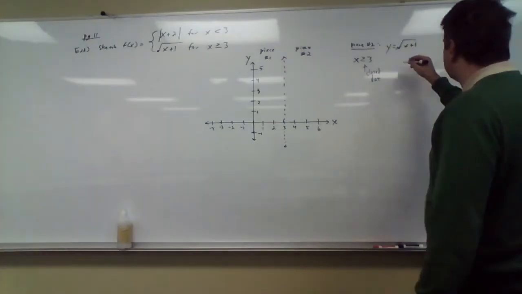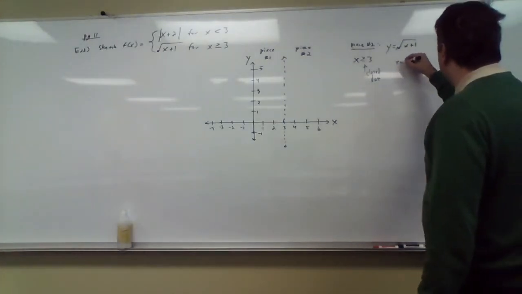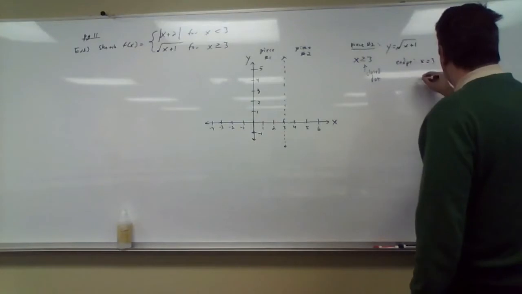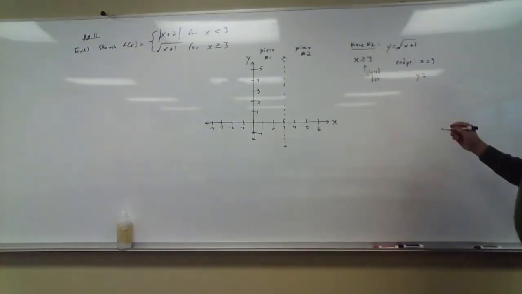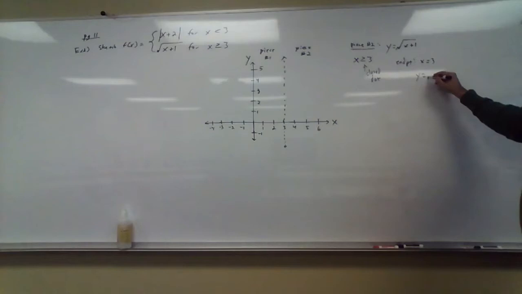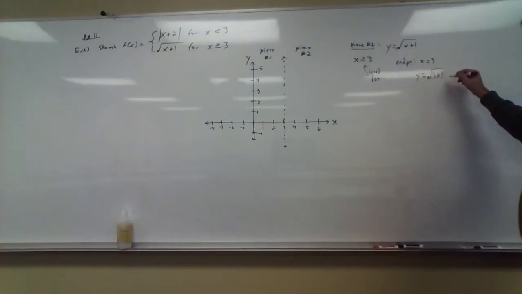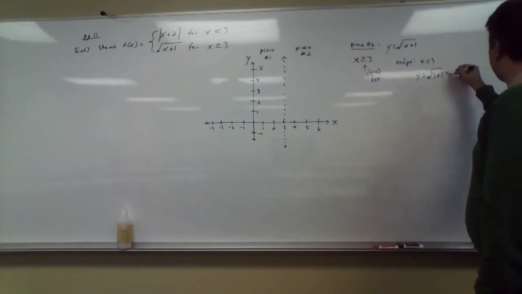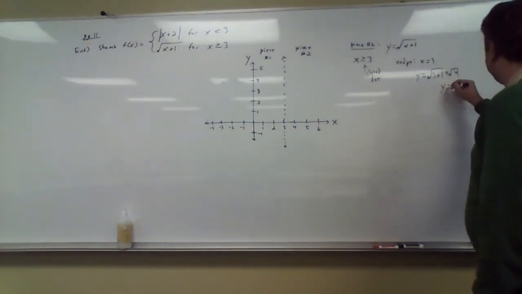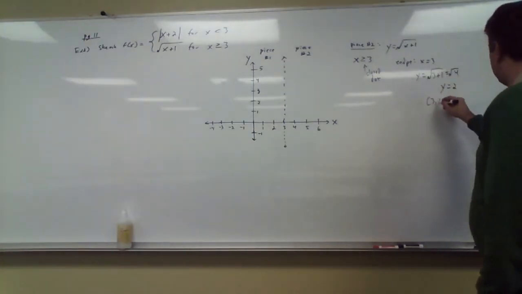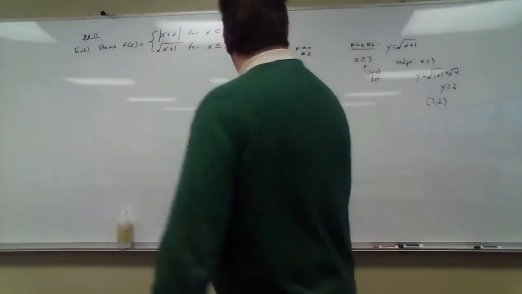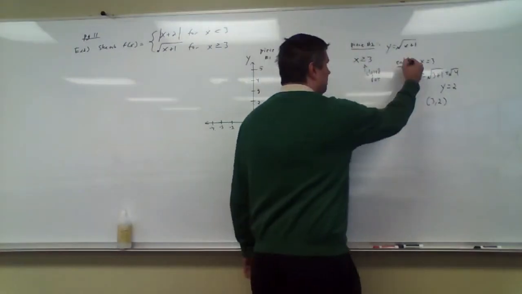So at x equals 3, y equals the square root of 3 plus 1, which is the square root of 4, so y is 2. So we have (3, 2). That's the endpoint.